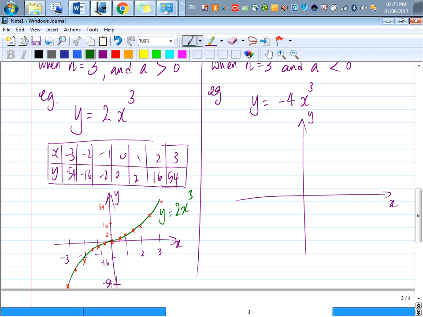In the end, you should get something that looks like this. Okay, you should get it straight.